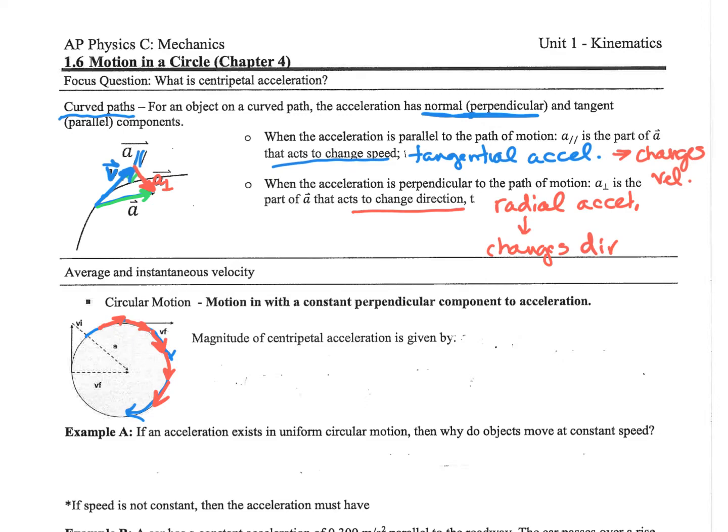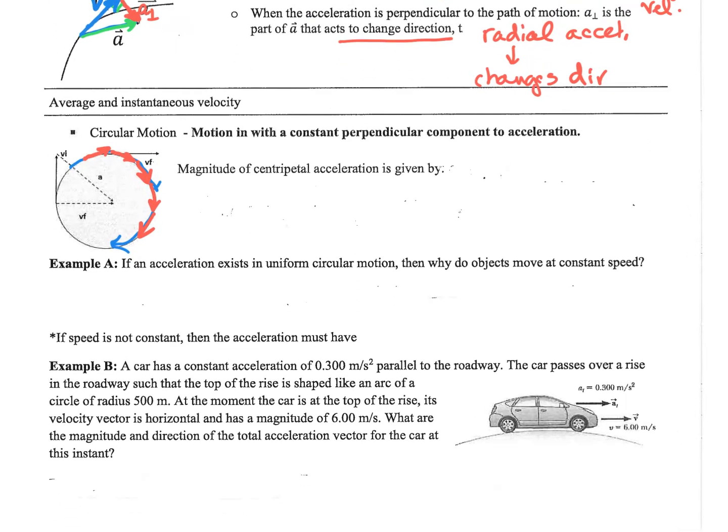All right, so now let's talk circular motion. When we have an average or an instantaneous velocity, if we're looking at circular motion, we're talking about motion with a constant perpendicular component to acceleration. All right, so the magnitude of centripetal acceleration.